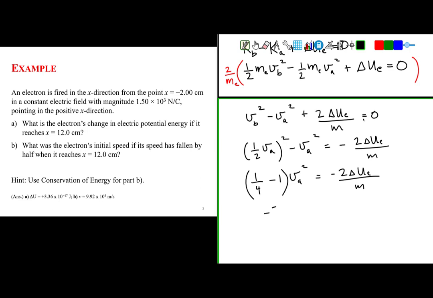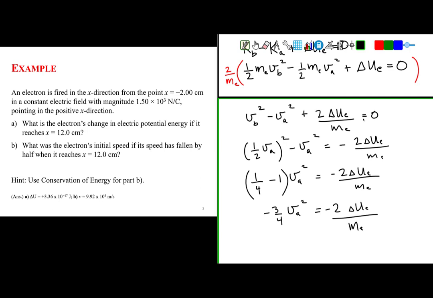This is now minus 3/4 times the final speed squared is equal to 2 times the change of potential energy over the mass of the electron. And I forgot my minus in front of that.